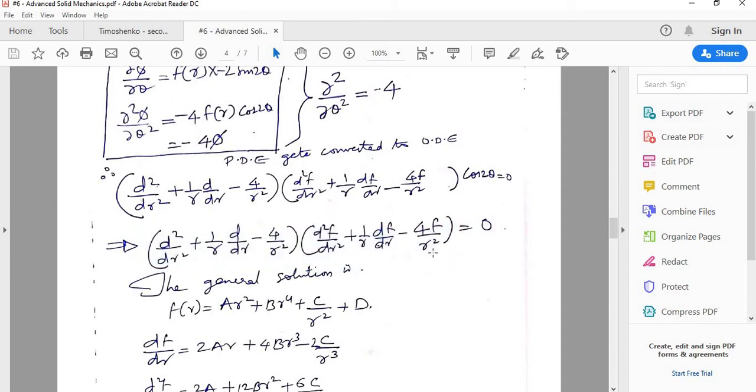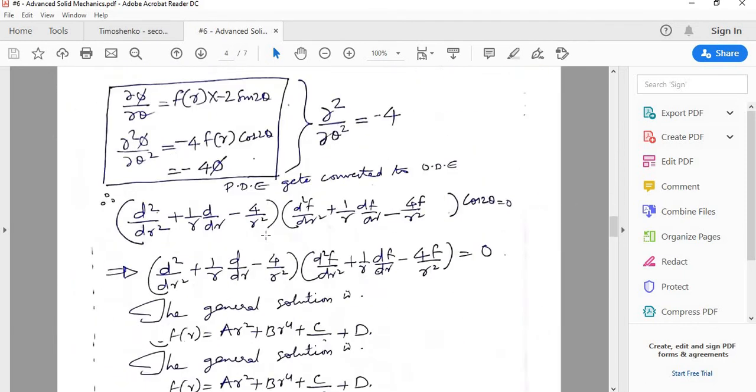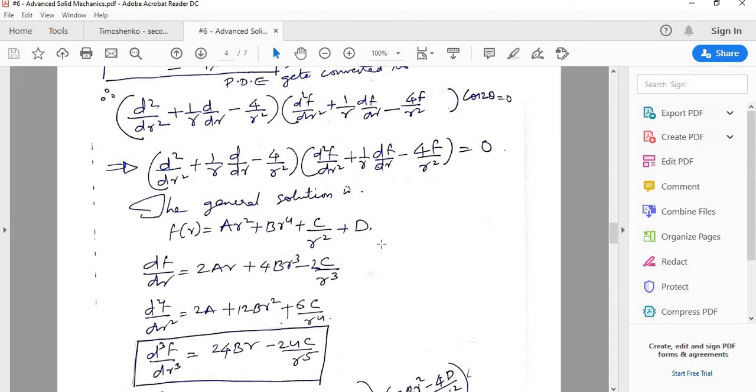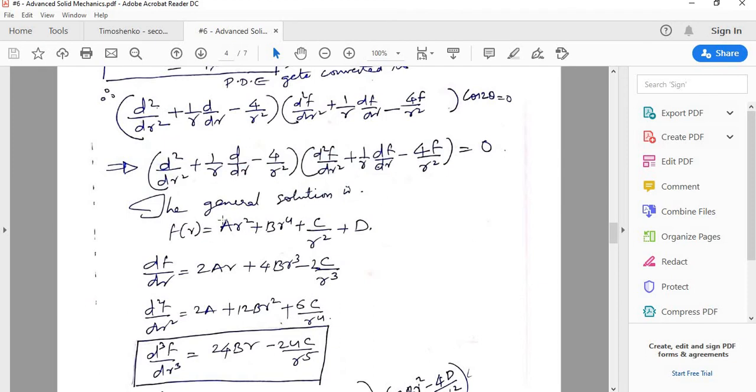Now it is found that this equation is satisfied if we take f of r, in the original stress function, of the following form. Now again, how did this equation come about?